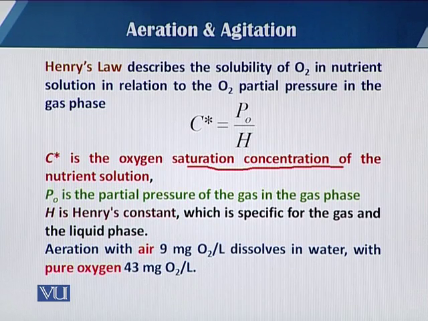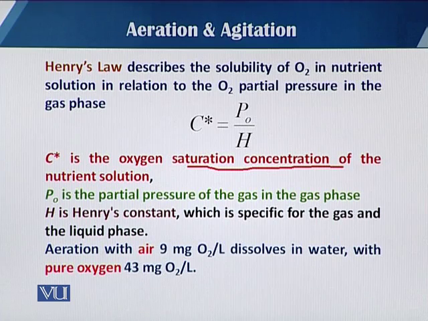The point to be noted is that if we supply common air, we know that it mostly contains 21% oxygen, if we say that the normal air has no pollution. If we aerate the fermentation medium, then it has the capacity of 9 milligram of oxygen per liter dissolved in water.